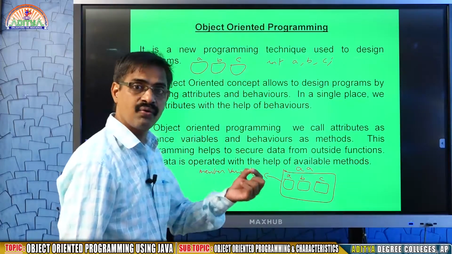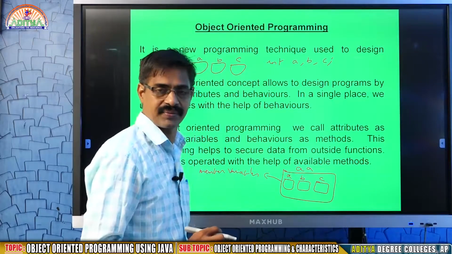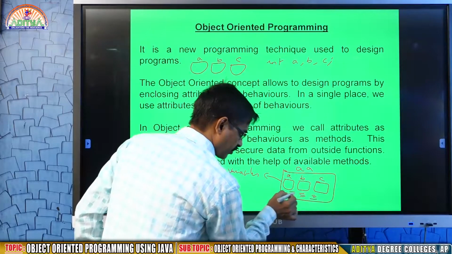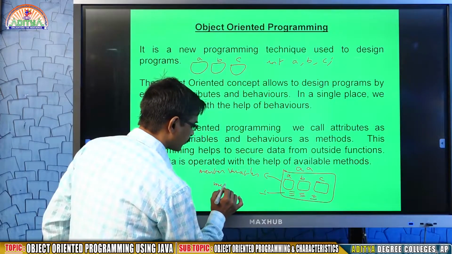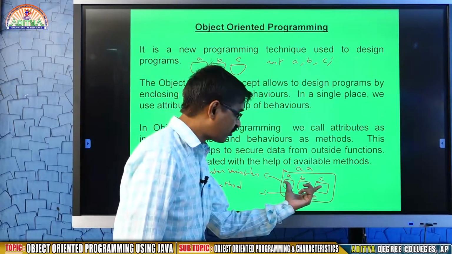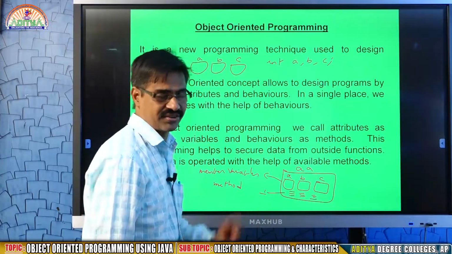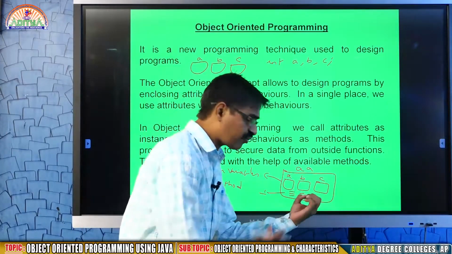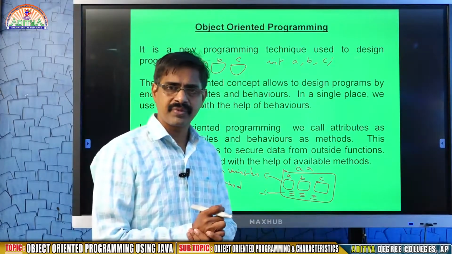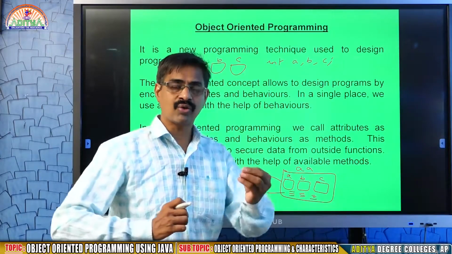To operate the member variables, we write methods. So here assume there will be methods. That means an object contains instance variables and methods, or member variables and methods. Instead of creating them individually, we combine them. For example, you are going to write a C program with main and some sub functions like fact, power, where we write different functions.